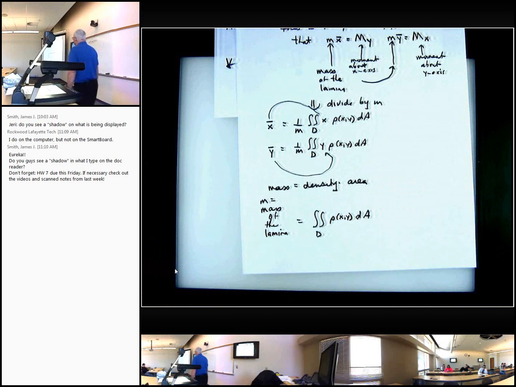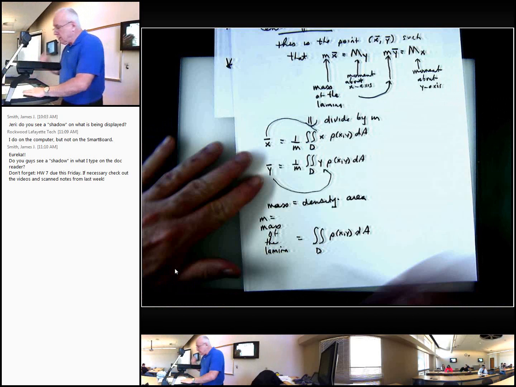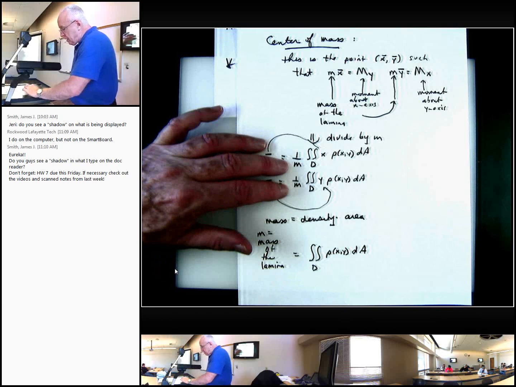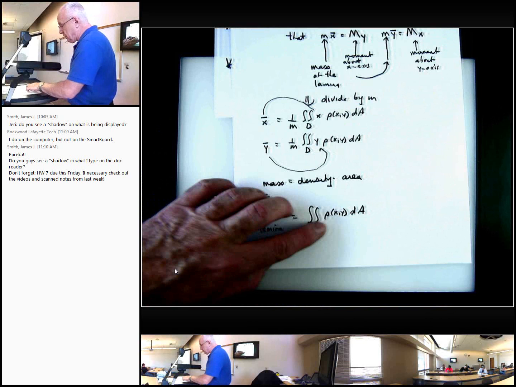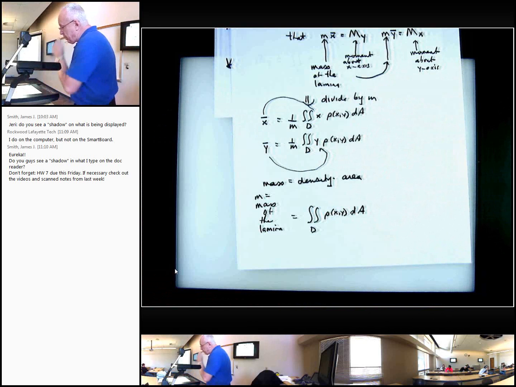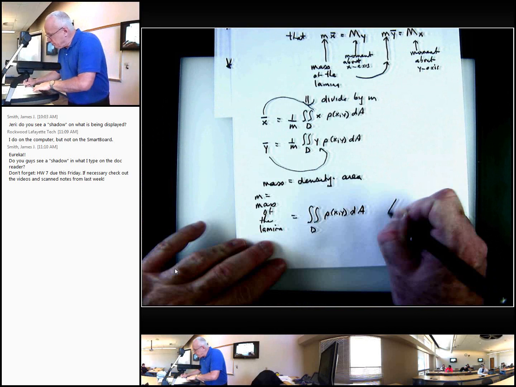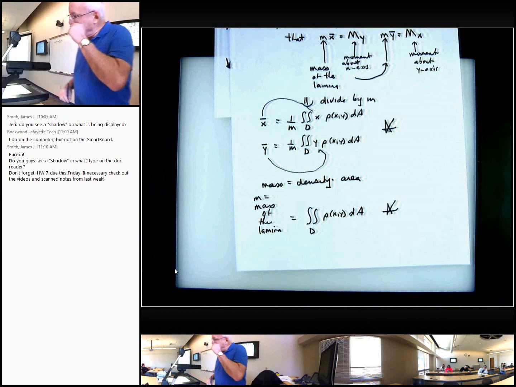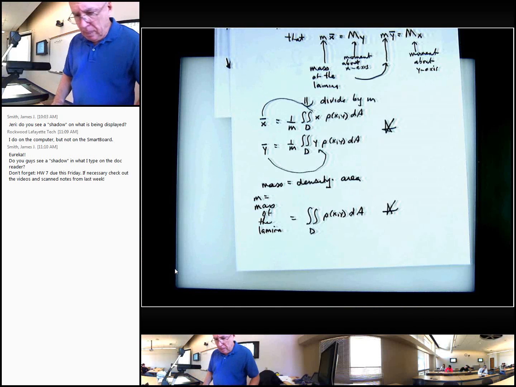That's going to be the mass of the sheet. So with these formulas we can calculate our center of mass. In the denominator, we have the mass of the lamina, which is calculated with this double integral of the density. And then in the numerator, we have the moment. I think I need to put an asterisk by those two formulas for the center of mass and for the mass of the lamina. All right.